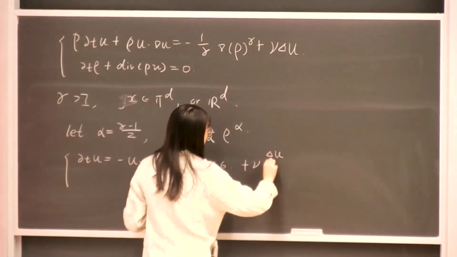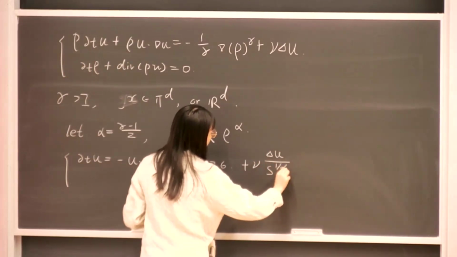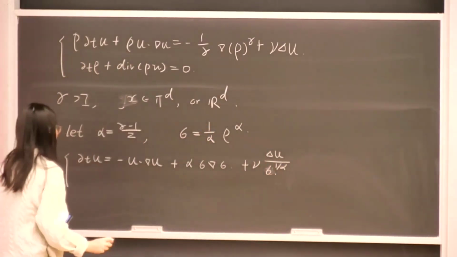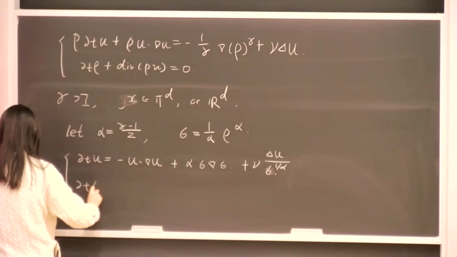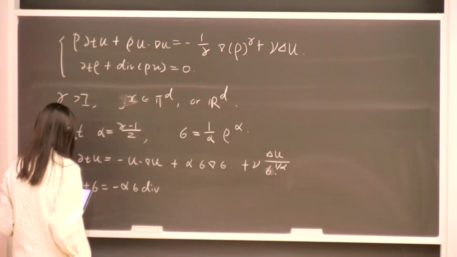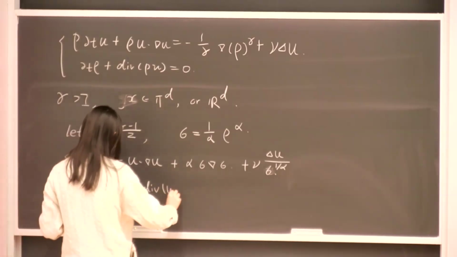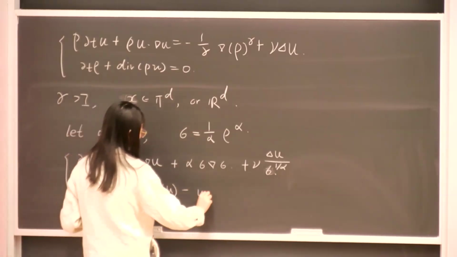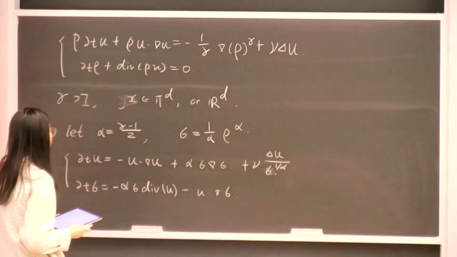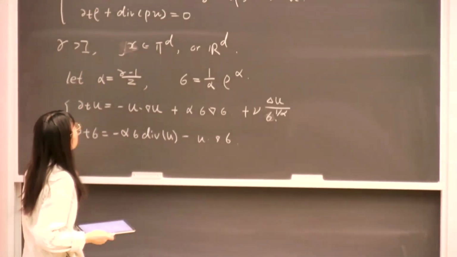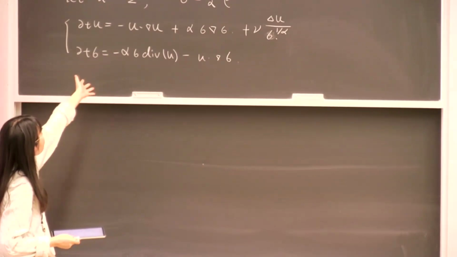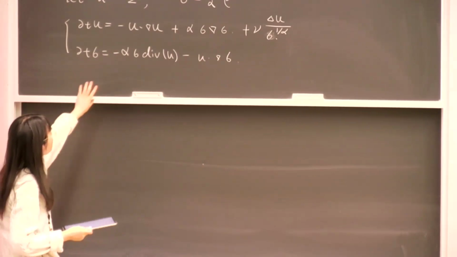This mu is a different mu, but for simplicity we just put it as the same mu here. So this is the rescaled density version of compressible Navier-Stokes.